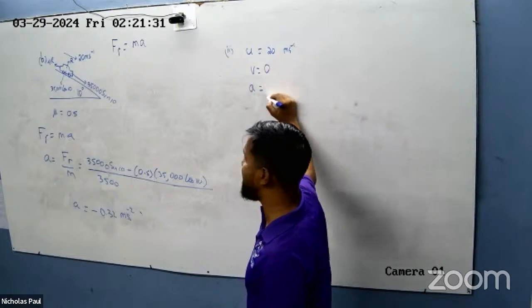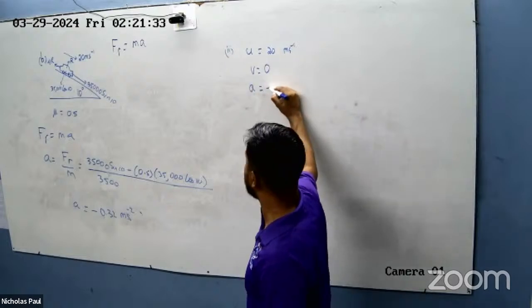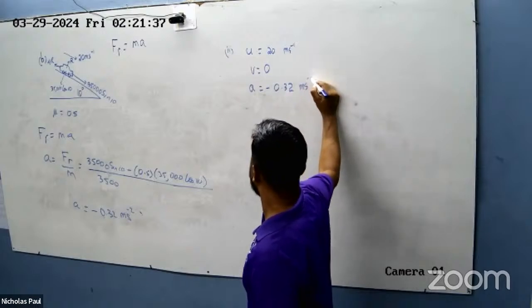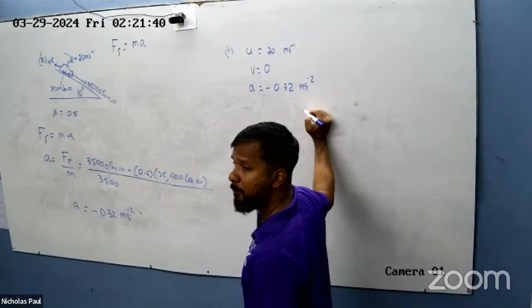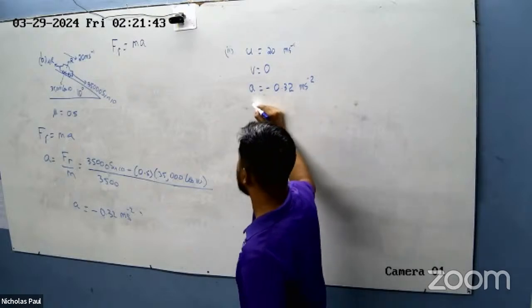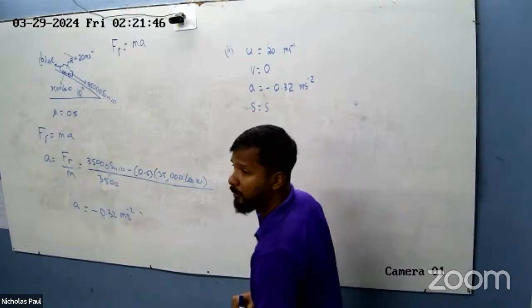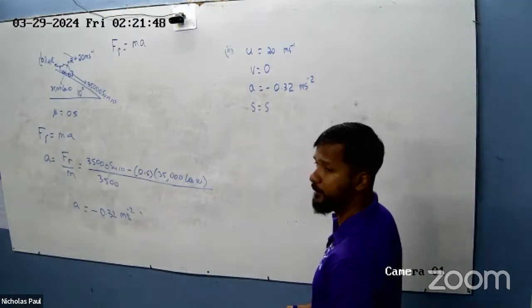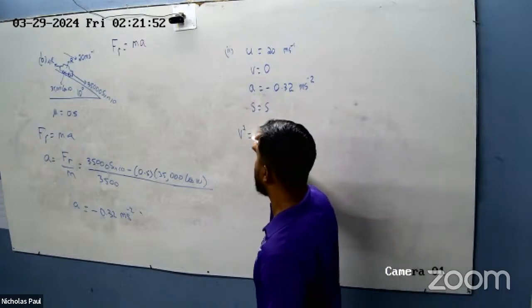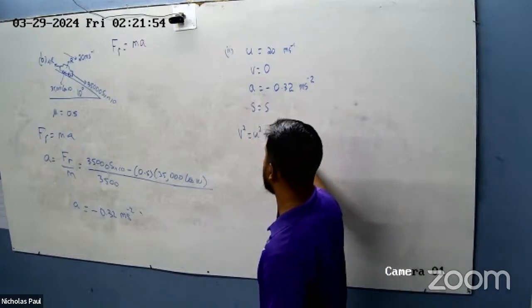And we have deceleration, which is minus 0.32. What do you want to find? Distance, so you want to find s. Which equation will you use? You'll use v squared is u squared plus 2as.